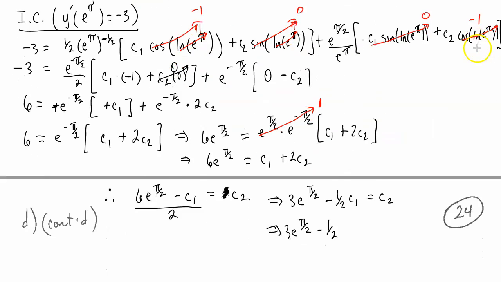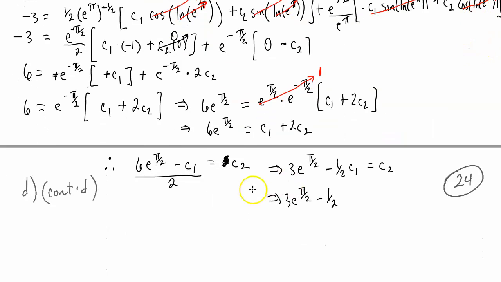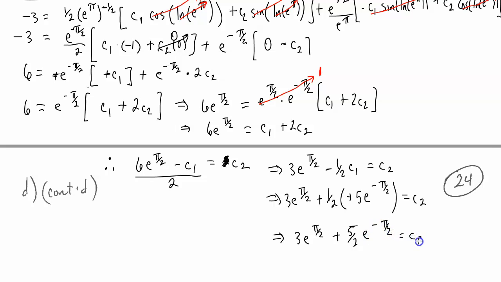So I'm going to go ahead and do that here, and that's equal to c2. And of course, a negative times a negative here is a positive. So we see here we have 3e raised to the positive pi over 2 plus 5 over 2 e raised to the negative pi over 2. And so this will be my value for c2.